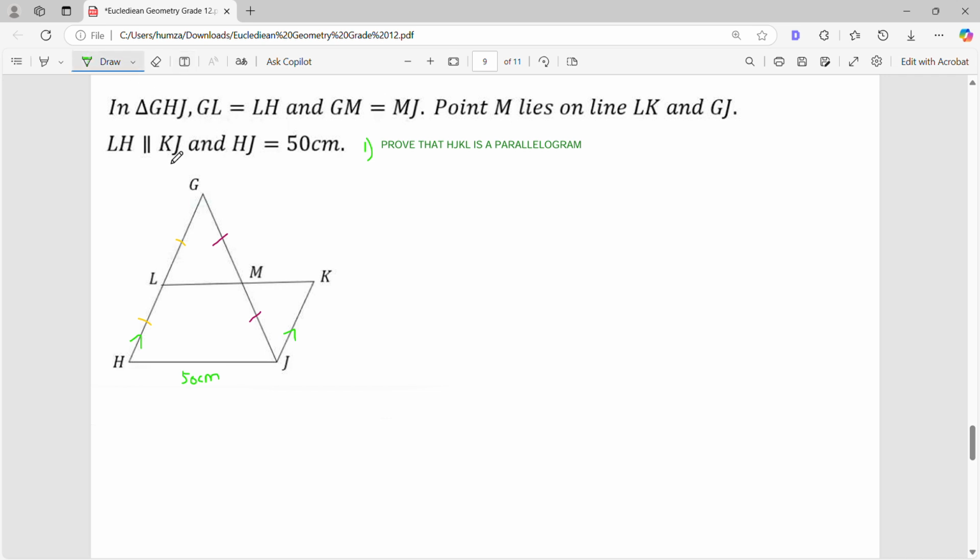So you can say that LH is parallel to KJ. That was given. Always write the reason why you are saying that, right, in these types of questions: given. And then we can say that LM is parallel to HJ, and this was the midpoint theorem.